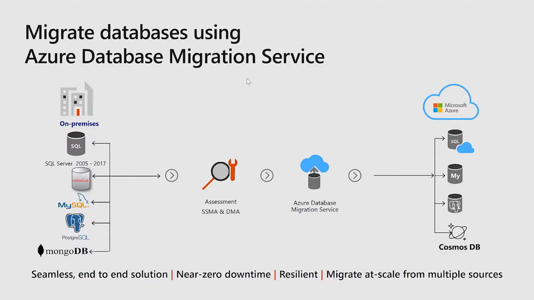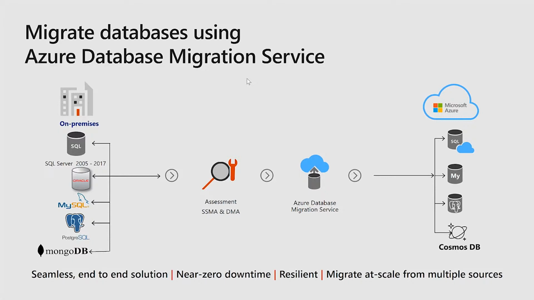Now that we understand the various phases in the migration journey, let me introduce you to the tools and services that our team built that really help you to navigate through this migration journey. So, as you see here, we support multiple sources and multiple targets. We support migrating from homogeneous platforms like SQL Server 2005 all the way up to SQL Server 2017, which you can migrate to either Azure SQL DB, Azure SQL Database Managed Instance, or SQL Servers which are running on Azure VMs.